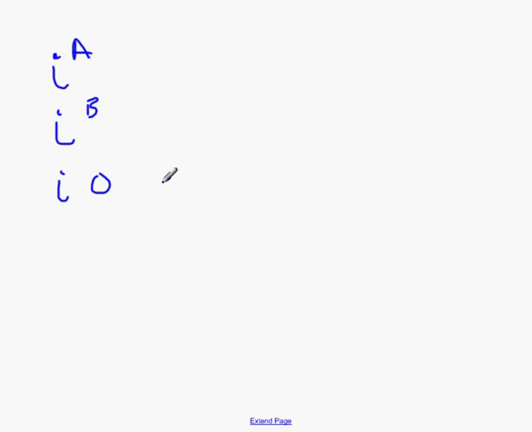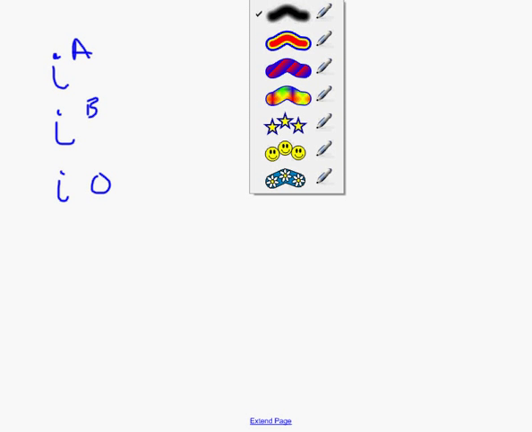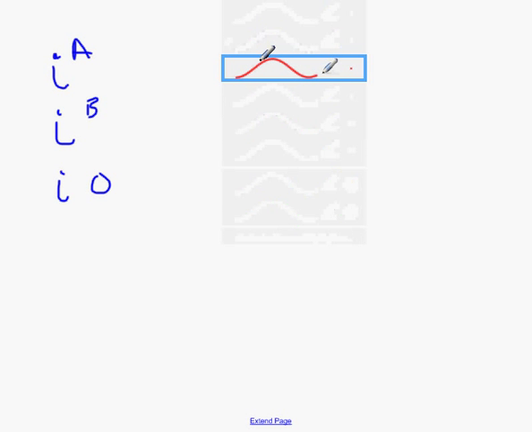But what I want you to know is that A and B are both dominant alleles, and O is a recessive allele. And the type of dominance that they have is co-dominance. So let's take a look. Suppose I have an example here. Let's suppose we have a paternity suit. We're trying to find out whose kid is whose, right?